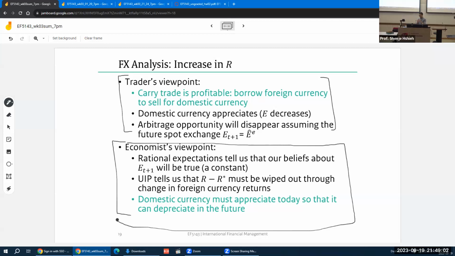If you have a larger interest rate differential, then you must have a larger depreciation of the home currency, and that's only possible through changing the spot rate today, right? That's the equilibrium explanation. The trader's perspective is a profit maximization explanation, right? They're trying to make money on average by borrowing low and lending out high, and that's going to push the spot rate in a certain direction.